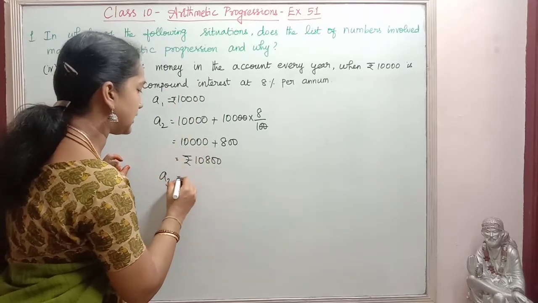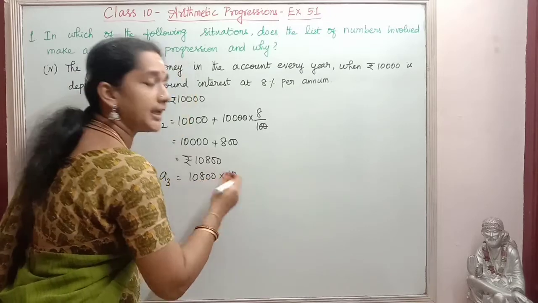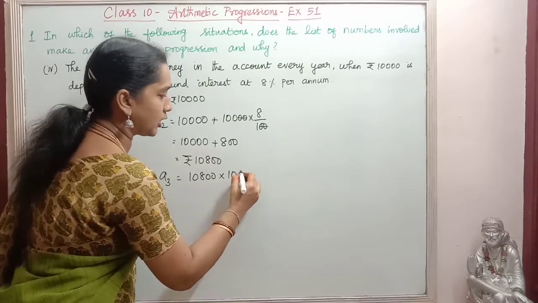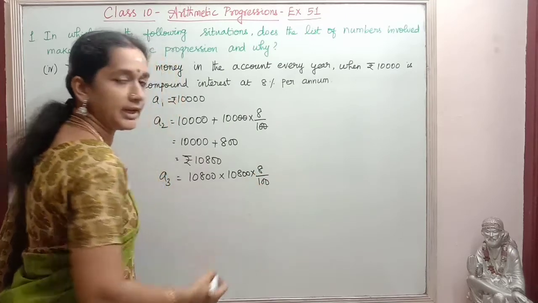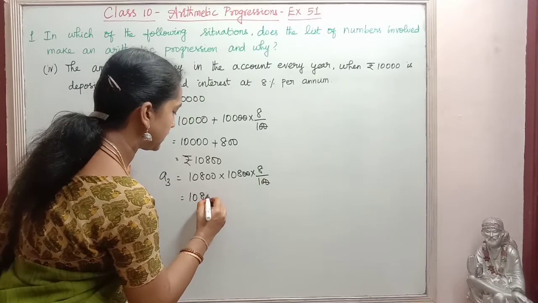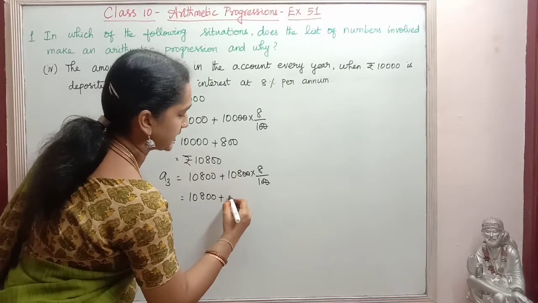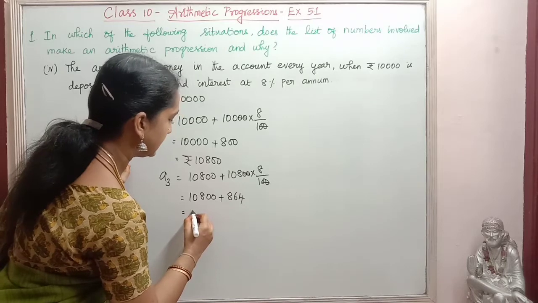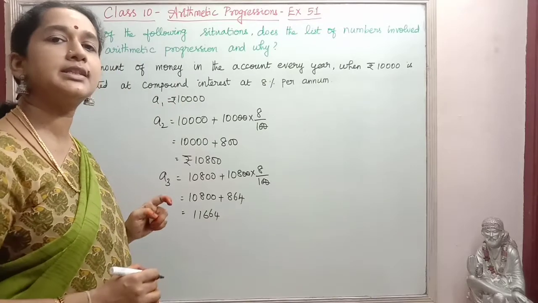So A3 is equal to 10,800 plus the 8% interest on this 10,800. So 10,800 into 8 by 100. When we simplify this, we'll get 10,800 plus 864. So the answer will be 11,664.